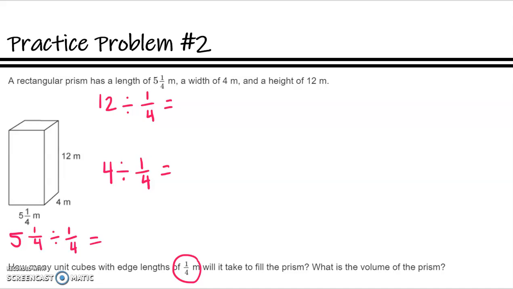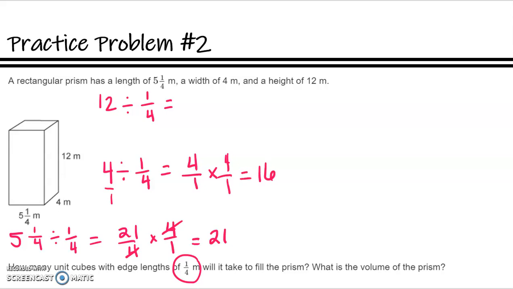Okay, so this will change to 21/4 times 4/1. My 4's cancel, which means I get 21. This will turn to 4/1 because this changes to a fraction times reciprocal 4/1, which is 16.